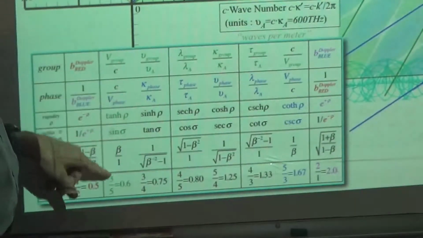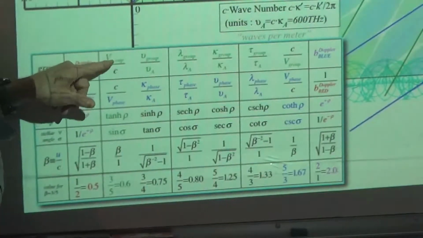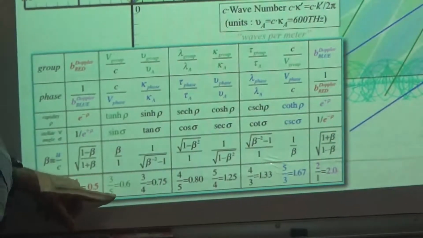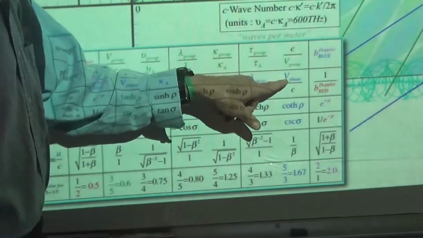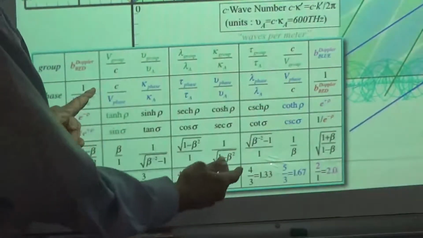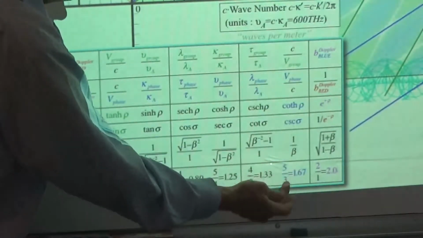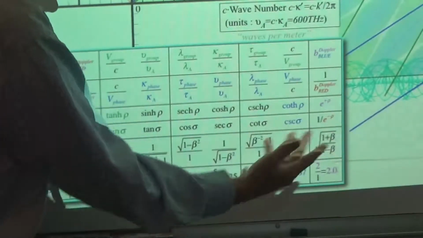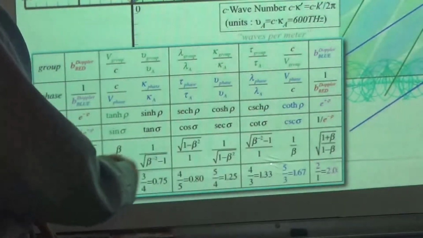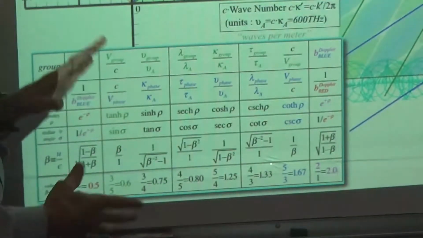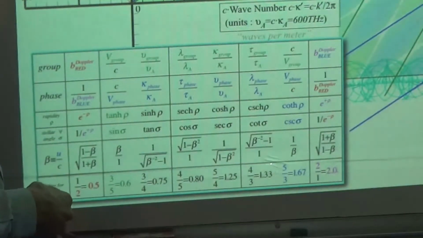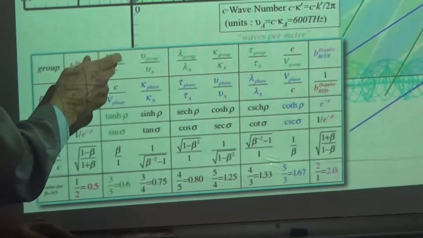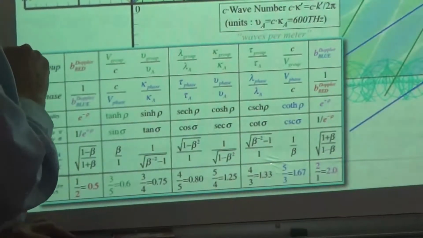That's in this column. The velocity of the group here is 0.6, 3/5. The inverse velocity, which is called the velocity of the phase, right here, that's 5/3. That's the biggest quantity on this table, okay, for this particular 3, 4, 5 triangle that we've picked out here. 3/5 the speed of light. That's the classical velocity right there.